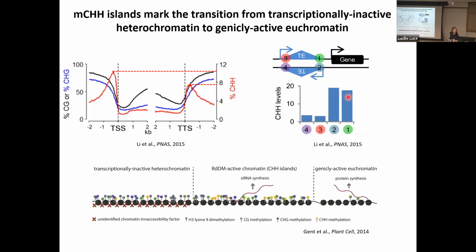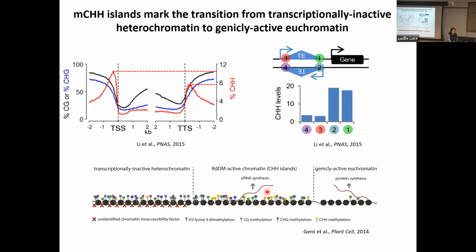That's why people propose that this island marks the transition from heterochromatin to genically active euchromatin. So they propose it's a transition to separate heterochromatin here and euchromatin here to prevent... there are still a lot of arguments.